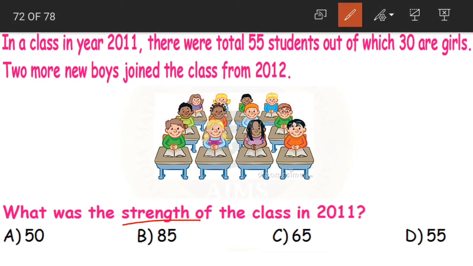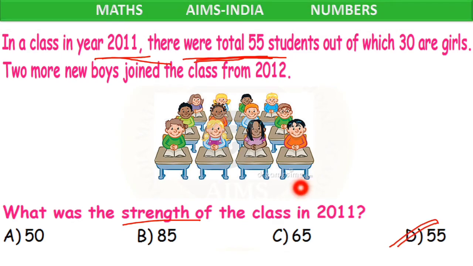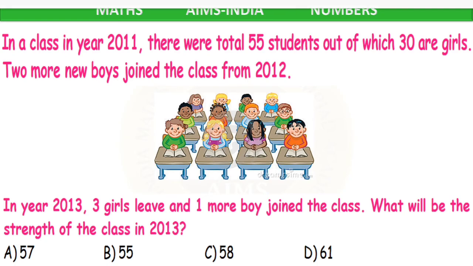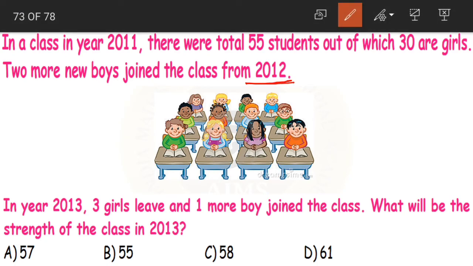It is given directly in the question that in 2011 there were 55 students. So what is the answer? Option D, 55. Yes. So sometimes if you are very lucky, children, the answer will be given in the question itself. You need to just read the question carefully to understand it. Next, in 2013, here it was given till 2012, right?